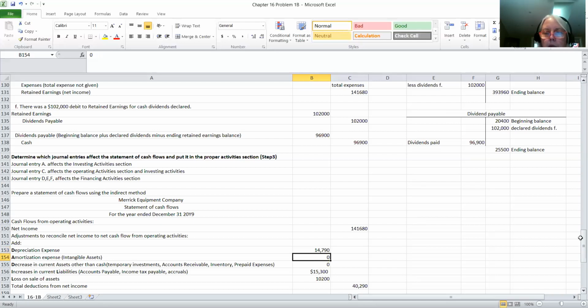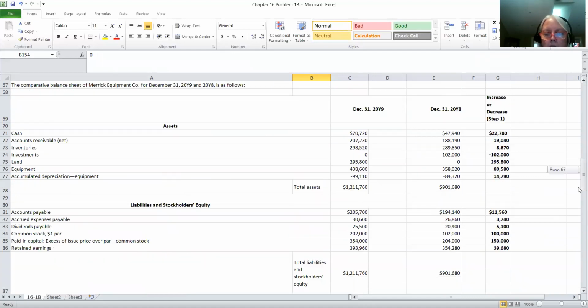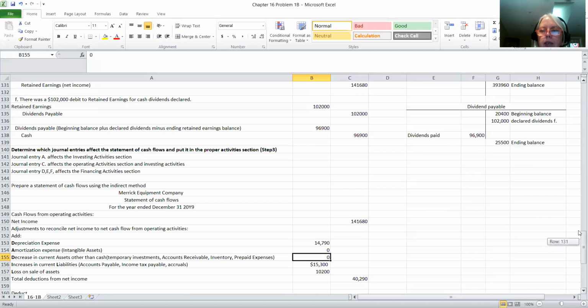In this problem, there were no intangible assets. If you look at your balance sheet, you don't see any intangible assets here. So because there were no intangible assets, there was no amortization on those intangible assets. We're going to look at our balance sheet to see if there were any decreases in current assets.